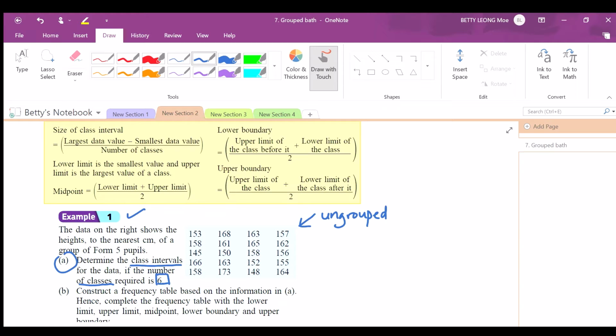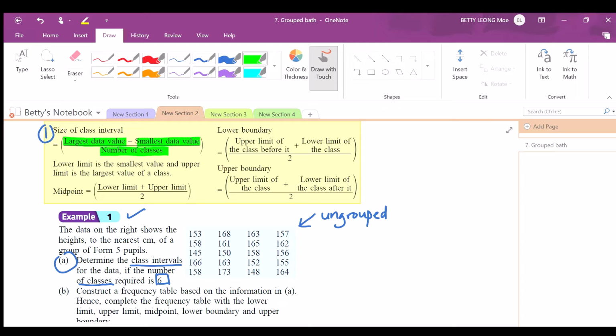How to make the classes? You have to use this first formula: the size of class interval equals the largest data value minus the smallest data value, divided by the number of classes.